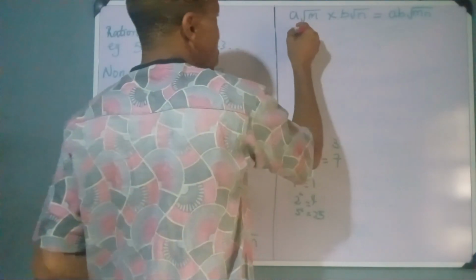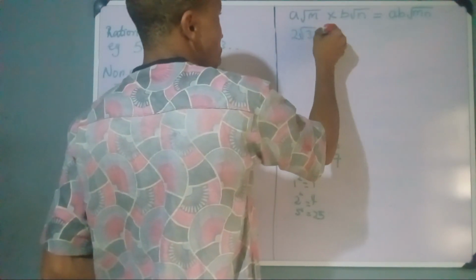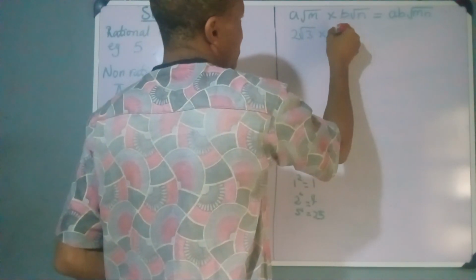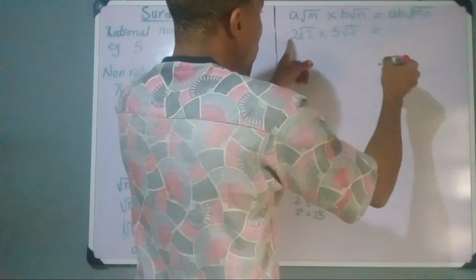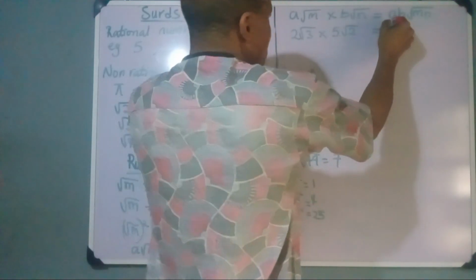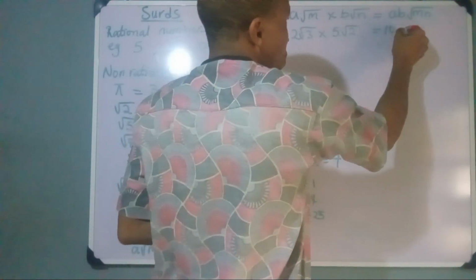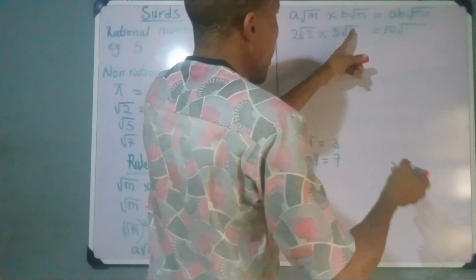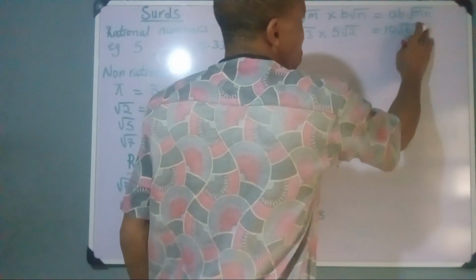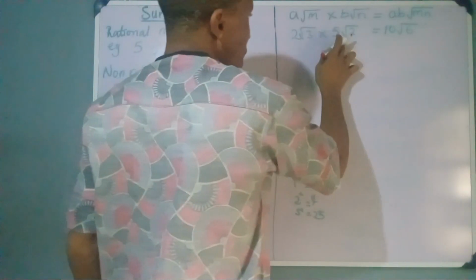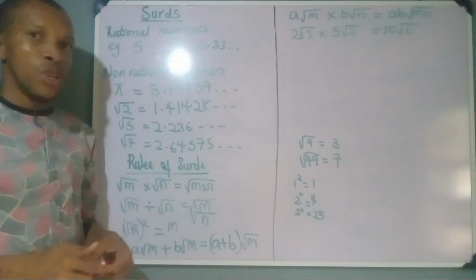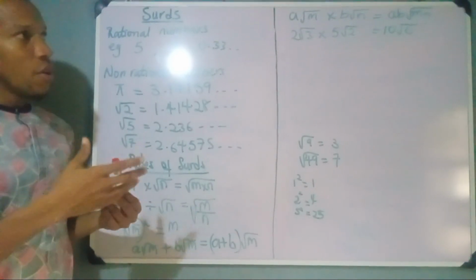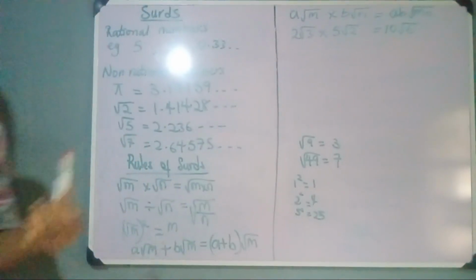For instance, 2 root 3 times 5 root 2: 2 times 5 is 10, root 3 times 2 is root 6. So this times this will give us this. These are some of the basic rules of surds. Now, we'll proceed with solving some problems on surds.